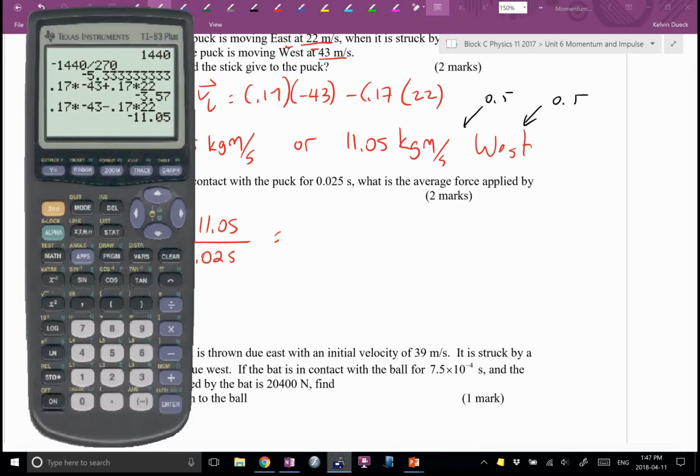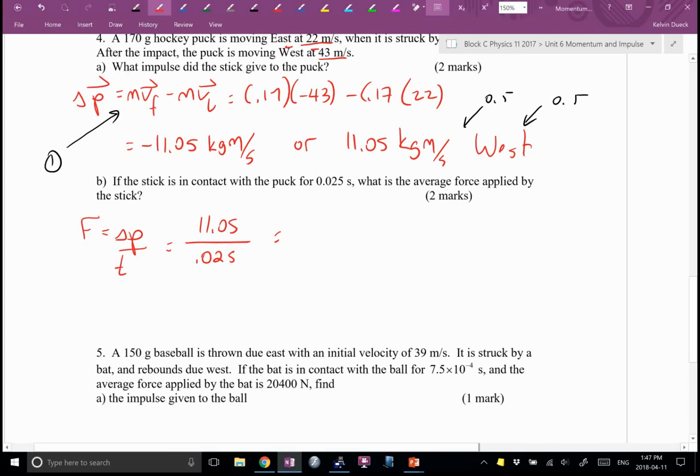What's the negative telling me? In my case, also as a direction, west. Yes? Is it 442 newtons? I would give you 1 mark for the equation, half mark for the magnitude, half mark for the direction.